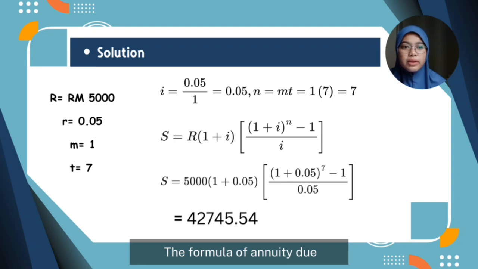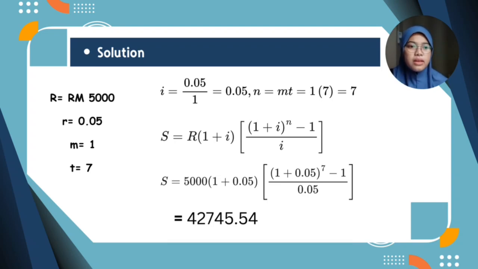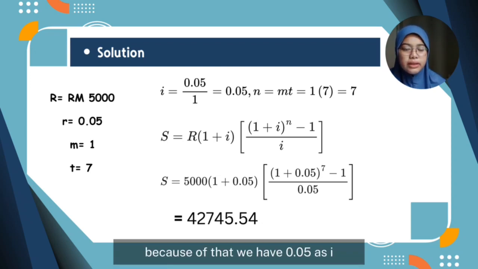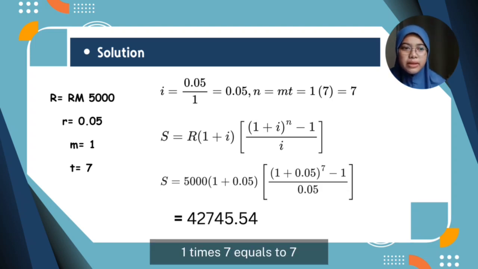The formula of annuity due is S equals R times (1 plus I) times ((1 plus I) power of N minus 1) over I. To find I, we use r over M, so we have 0.05 as I. And then N equals M times T, 1 times 7 equal to 7.